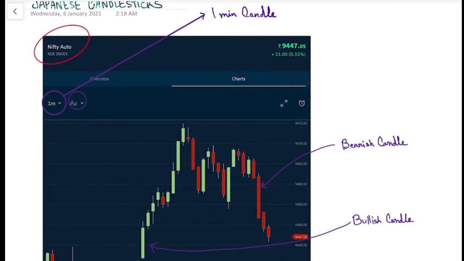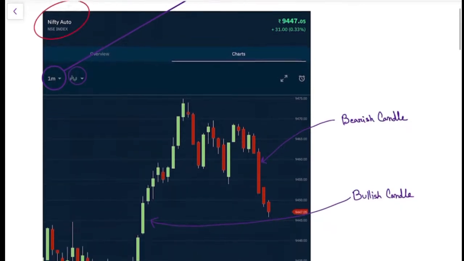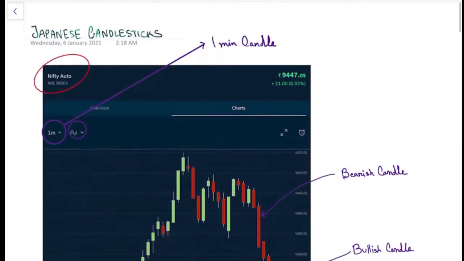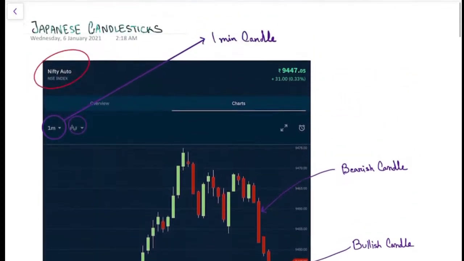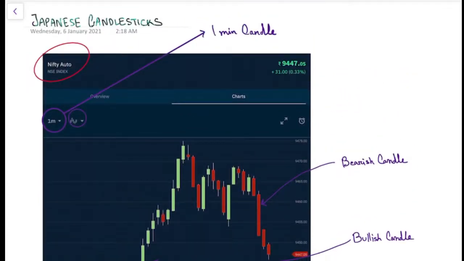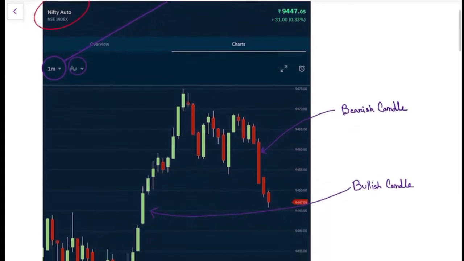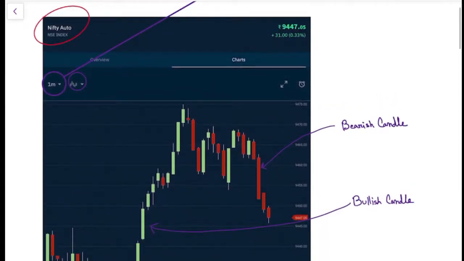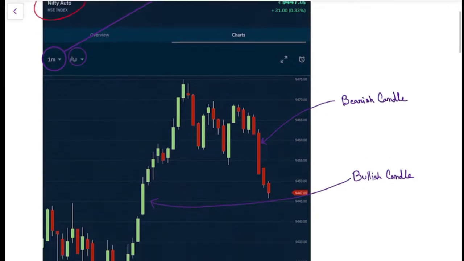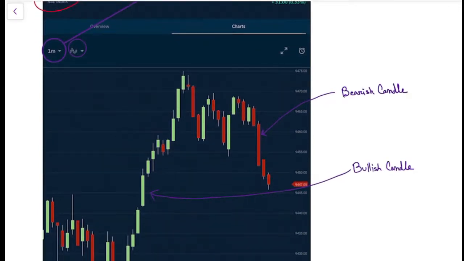Then you can select whatever duration you want, whether it is 1 minute, 1 hour, or a day. Generally people use a 1 day candlestick, but for intraday you will use a 1 minute candlestick.